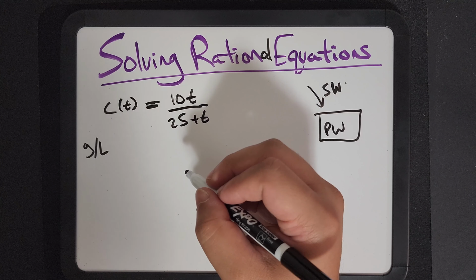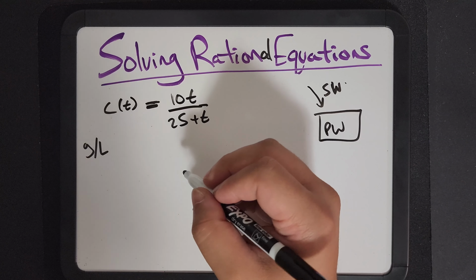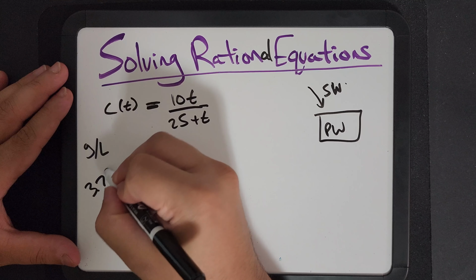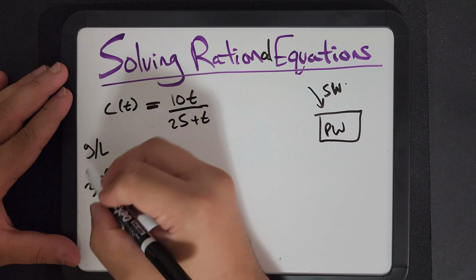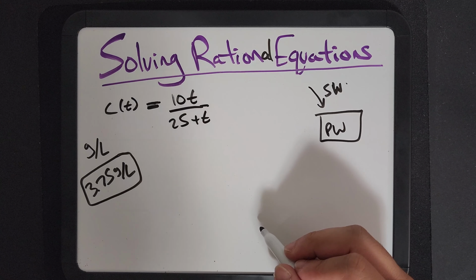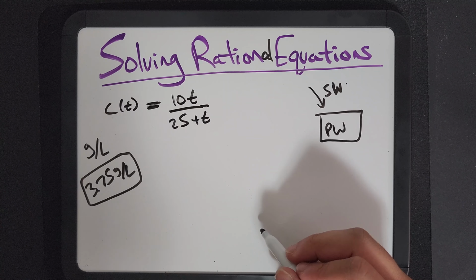So now the question is, when does the concentration equal 3.75 grams per liter? That's what I want to know. So it's very straightforward.